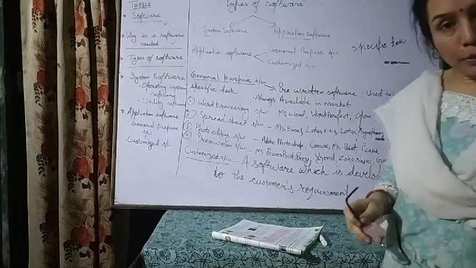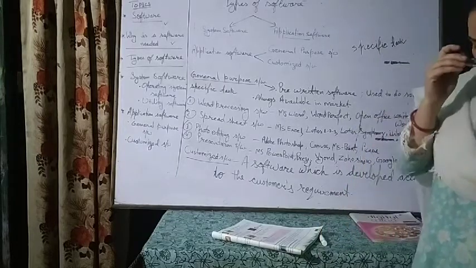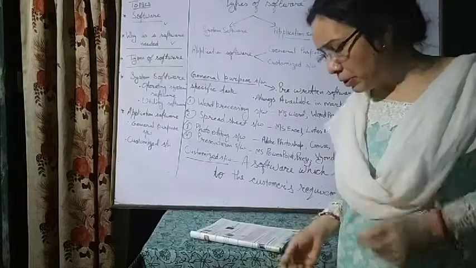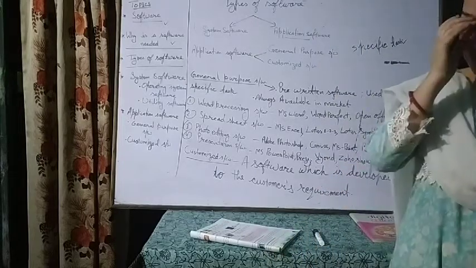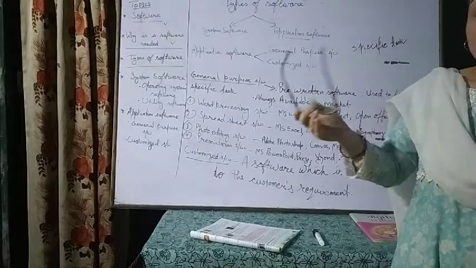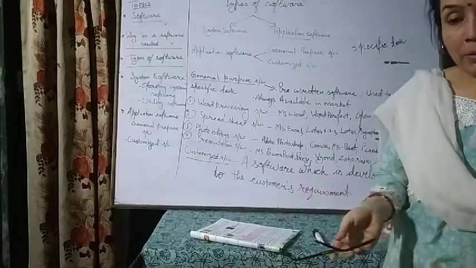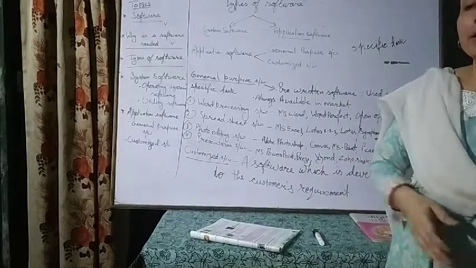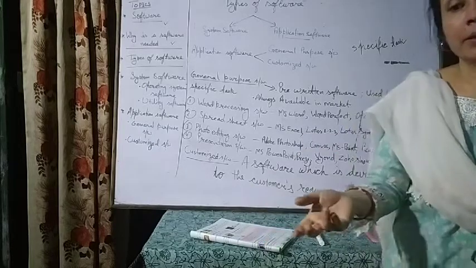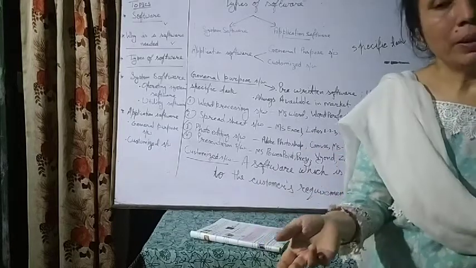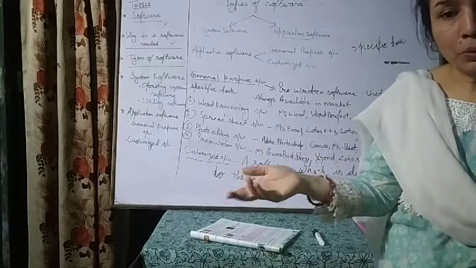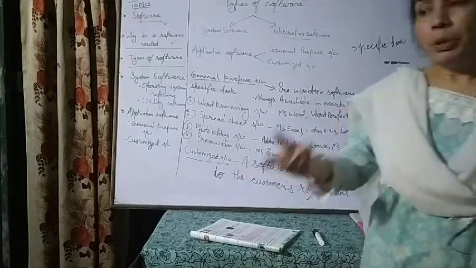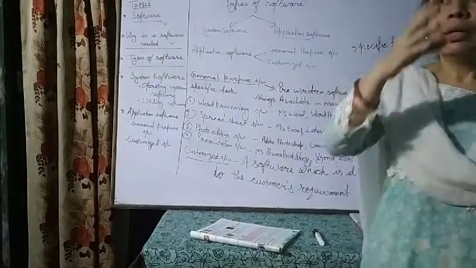And in your book, two examples are given. First one, library management software. You know, in a library there are thousands of books, and every day some students return their books, and sometimes the librarian issues them books. So issuing books, returning books, number of books.